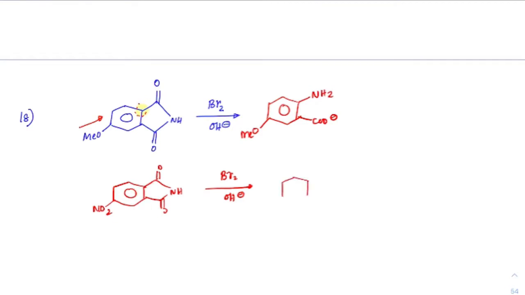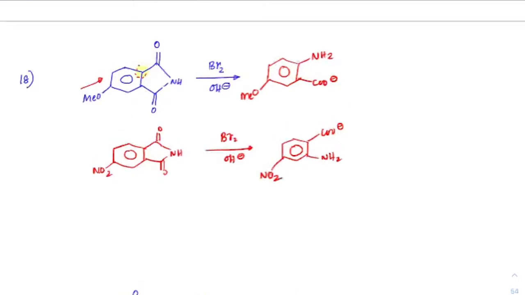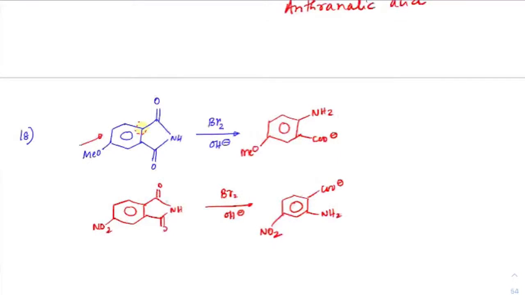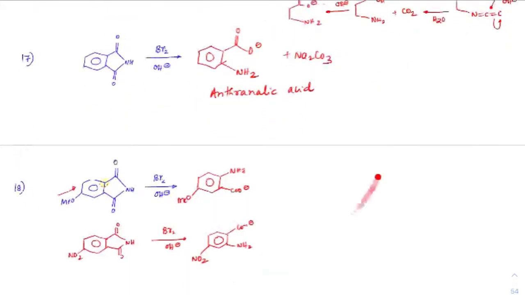So therefore, I can say that NH2 will be formed here, CO minus will be formed here with respect to this NO2. Okay. Right. This is an important case, everyone. If you haven't done, just make a note of it.